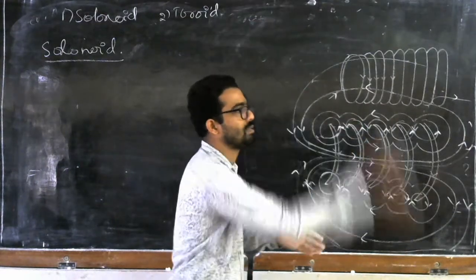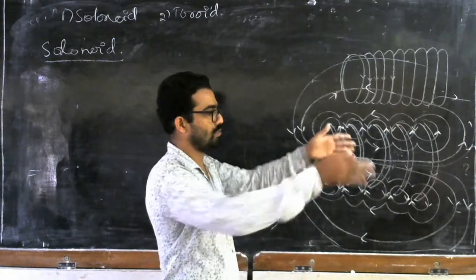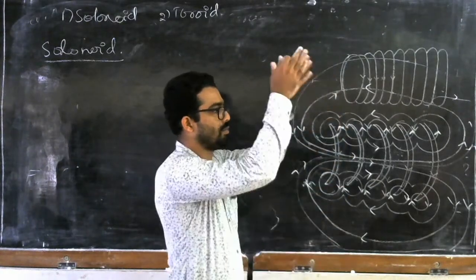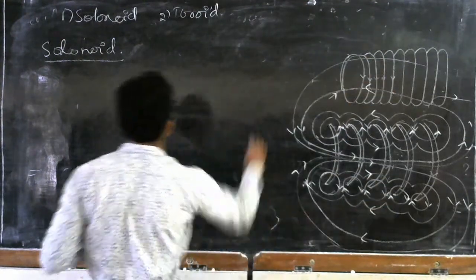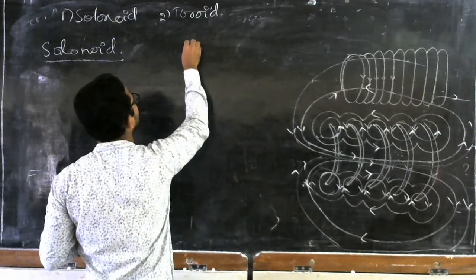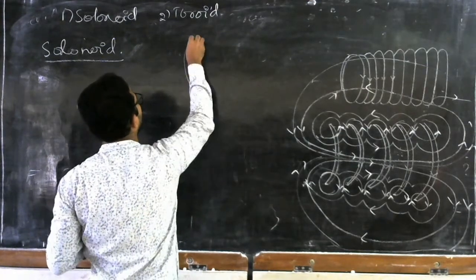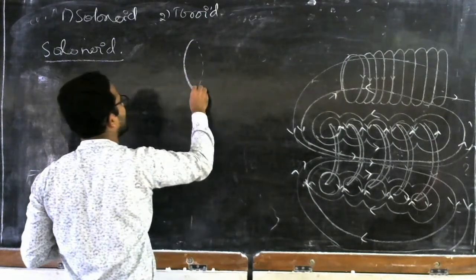Take one piece from the center, take another piece. So if you separate it from the center, you will get some piece here. That will look like this. Let's imagine this is finite. Actually, it will be like this.